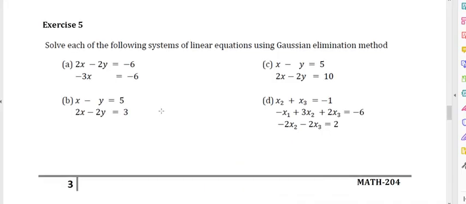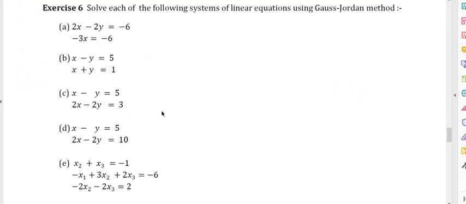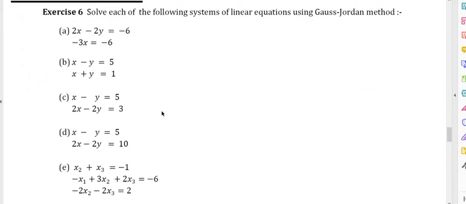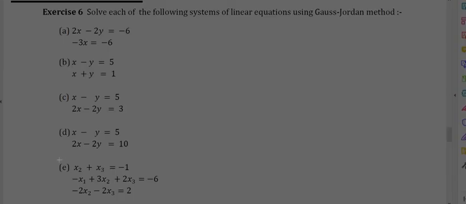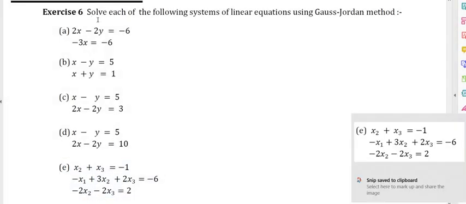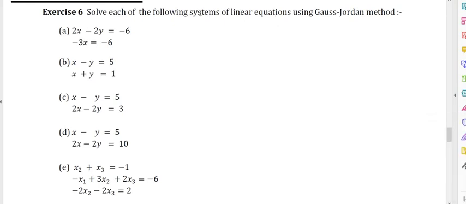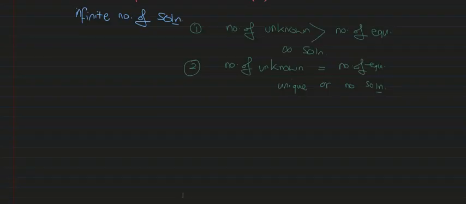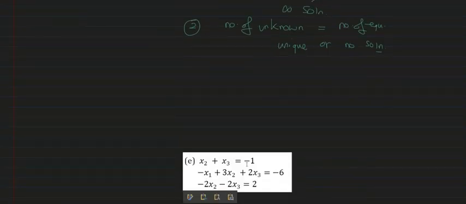So here in exercise 3, let's take E. So I want to take the E system here in order to apply. The question says, solve each of the following systems of linear equations, SLE, using the Gauss-Jordan method. So we will simply use the Gauss-Jordan method.